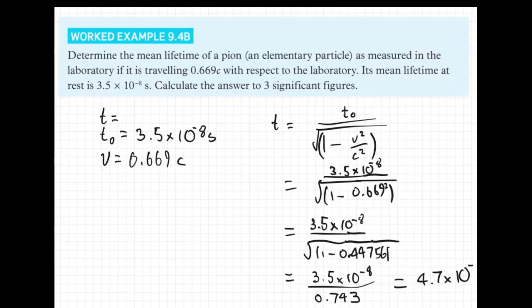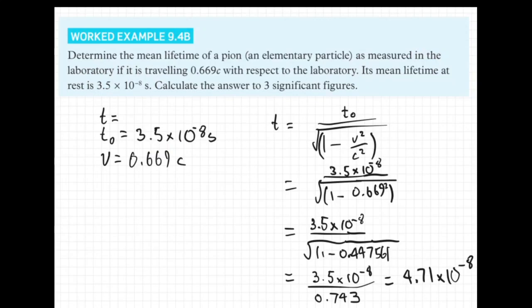Okay, what is it, 3 sig figs? 4.71 by 10 to the negative 8. Yes, of course. I'm not testing you on your math. Yeah, chuck it into the calculator. Just be careful of your order of operations and stuff. Lots can go wrong with this sort of arrangement of calculations.